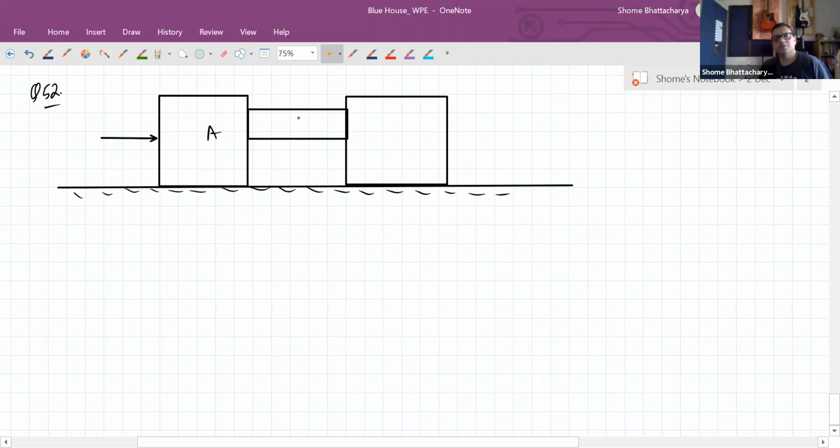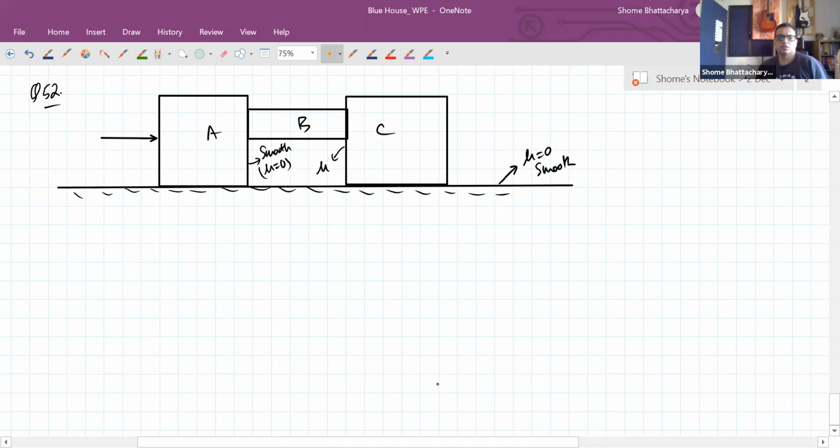So blocks A, B, and C. Now all surfaces are smooth except for the contact surface between B and C. This is having coefficient of friction mu. Okay, these two surfaces are smooth.